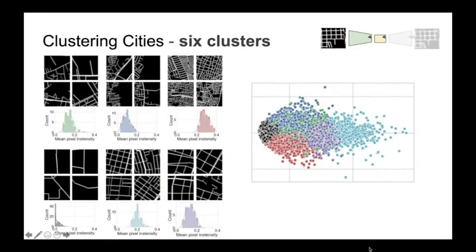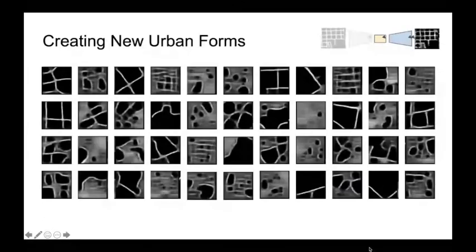Of course, you can go and change the number of clusters, and you get six clusters there with different types of morphologies. And this is when you go to the decode part, this is what you get. But I'm not speaking of that, because you can see you get these decoded forms, and all these types of monsters there. Some are good, some are not that good.